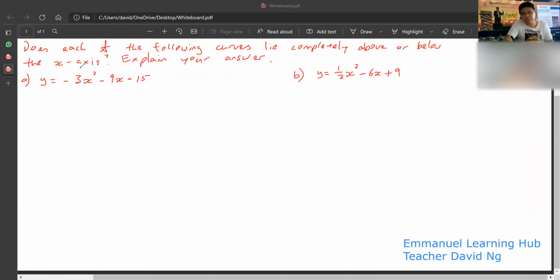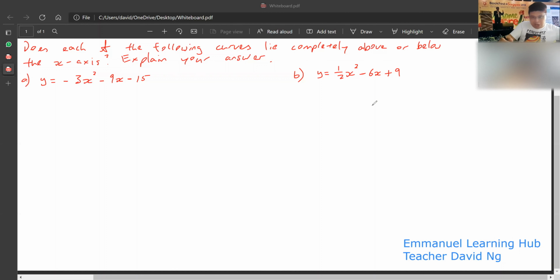Okay, now you know the concept, right? They ask you, does each of the following curves lie completely above or below the x-axis? What must you do to answer the question?